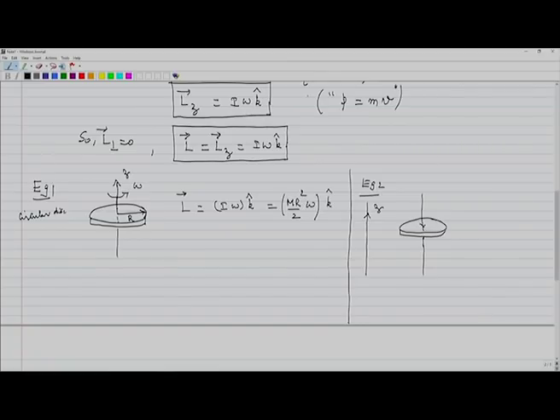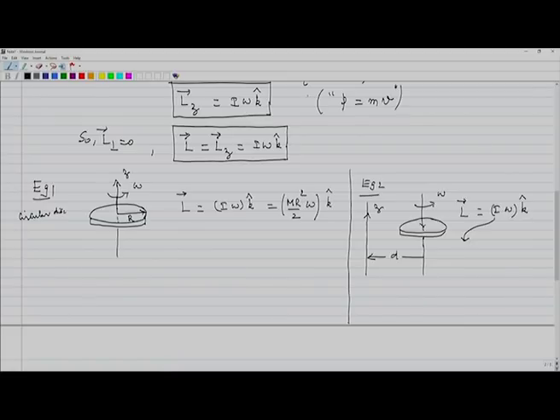Everything is the same. It is rotating with omega, and these two axes are parallel. Then again L will be equal to, this being a symmetric rigid body rotating about a symmetry axis, I omega times k. But the only thing is I is different.